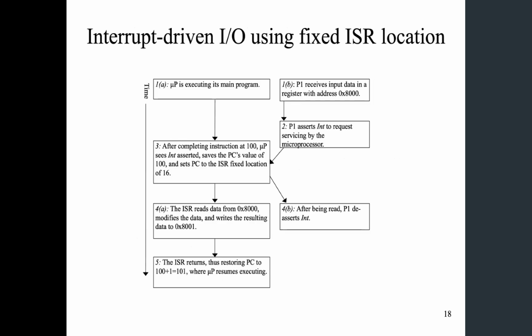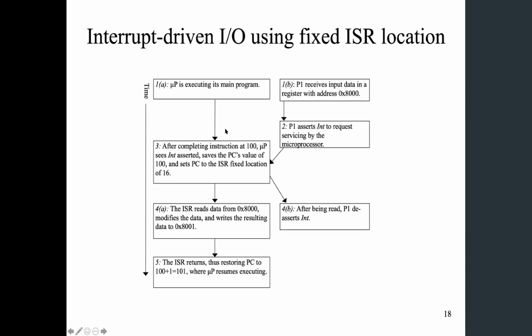Okay, so let's start with this picture. We are seeing here the behavior or the activities on both of these two actors. So we're looking at time going vertically from top to down. So this is earlier, this is future. And we have two columns.